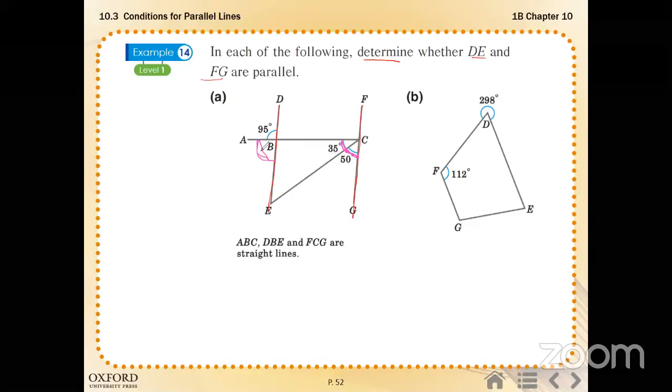In this case, they are corresponding angles. And then I want to check whether they are equal. If I want to check whether they are equal, I need to know the size of these two angles. Therefore, you ask yourself, can I find these angles?